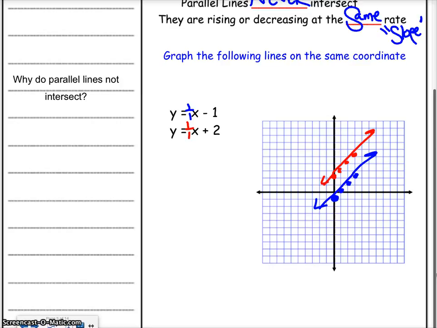What is their slope? Same or different? Same. So they have the same slope. Notice here, their slope is the same and they are parallel. A line is not all of a sudden going to scoot down. It's always going to be the same rate or same slope. Okay? All right, next.